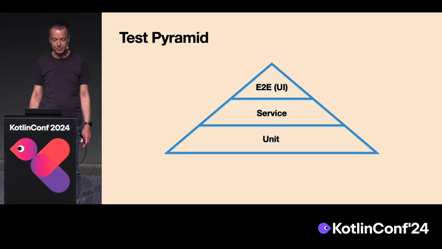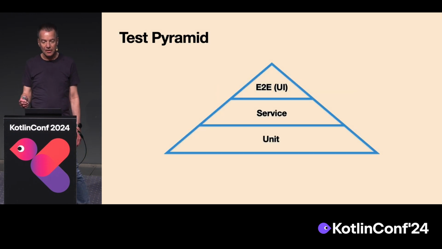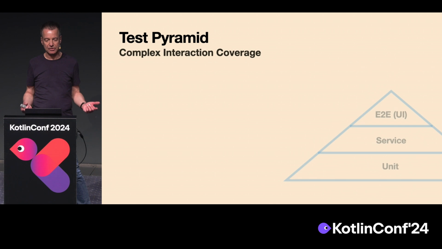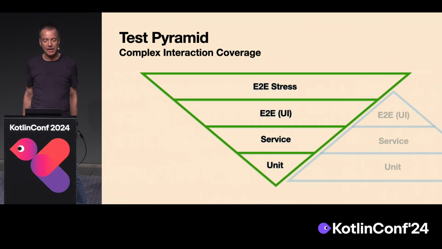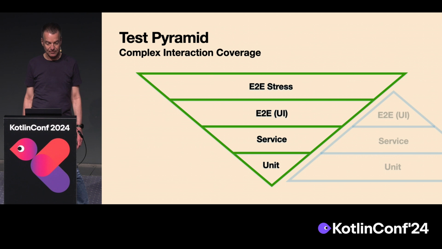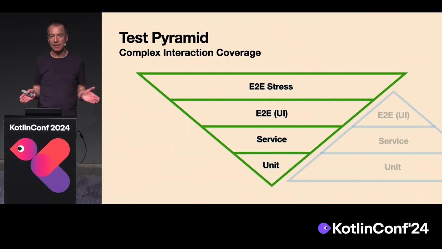So back to our test pyramid. If we look at complex interaction coverage, then it could actually look this way. Unit tests cover the least complex interactions. Service tests do cover some more, end-to-end UI tests even more, and the most we get is with end-to-end stress tests.